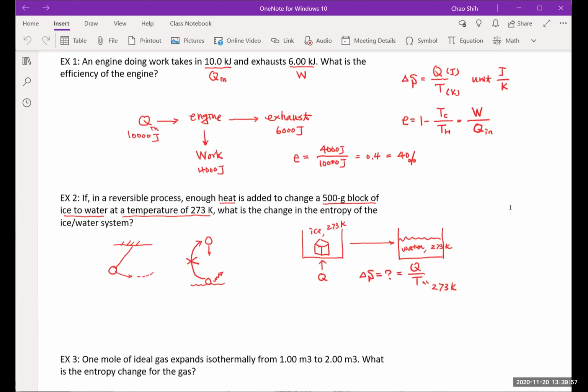Now, this one has to go back to chapter 14 when we talked about specific heat and the change of phase. In this case, we are actually changing the phase. We change the phase from the ice, which is a solid, into a liquid. So the key in this question is, what is the heat needed to change this phase?